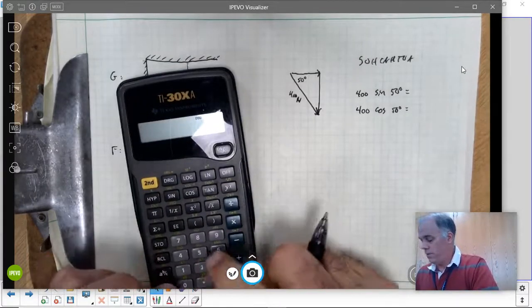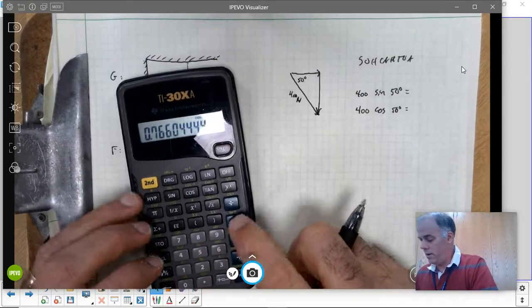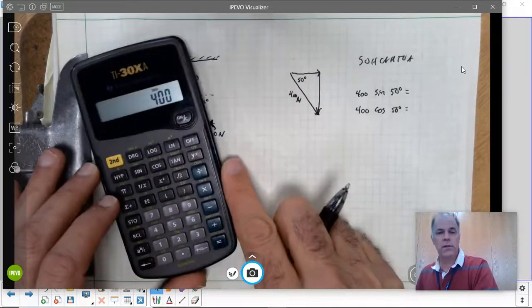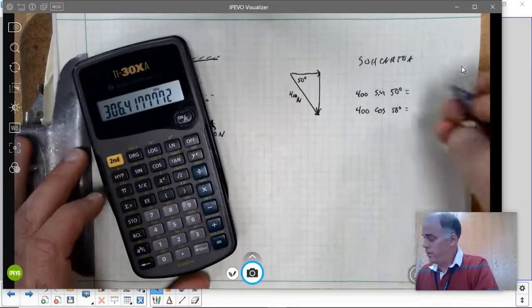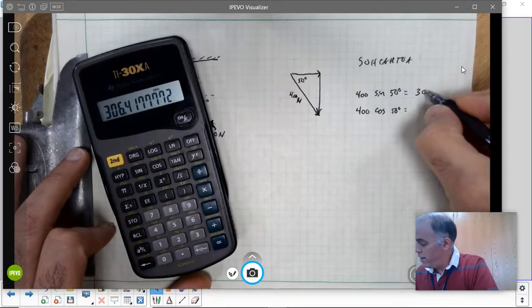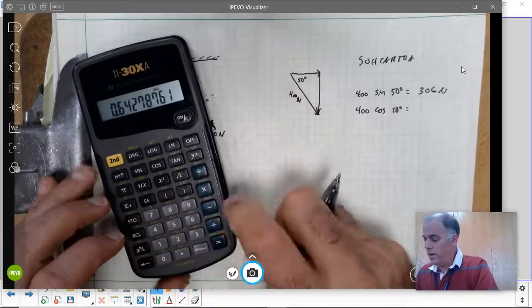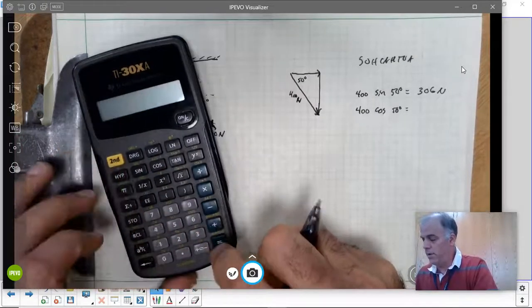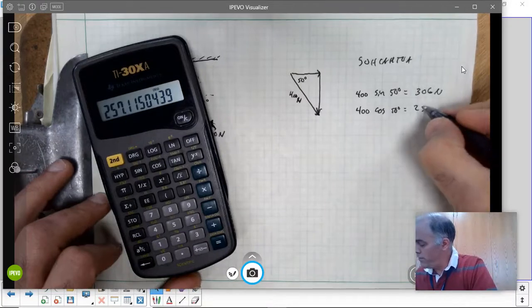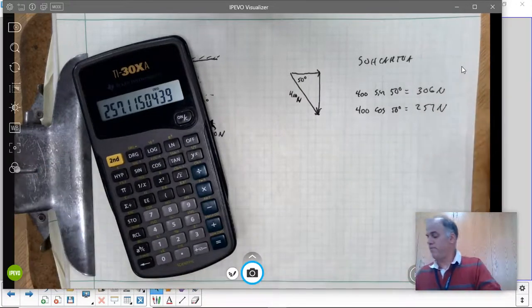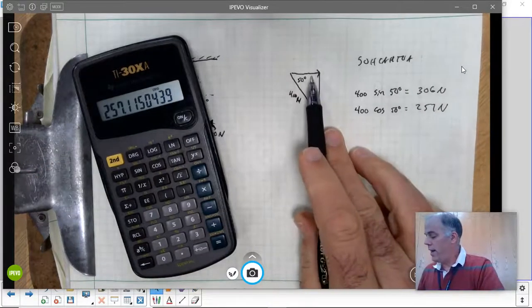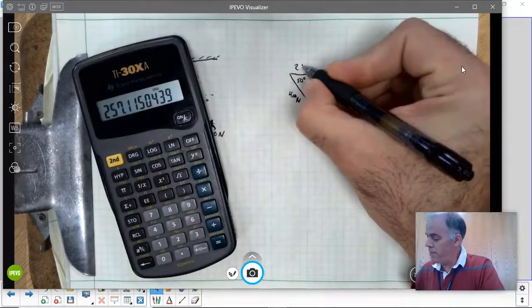All right, so 50 sine times 400, that's in the glare, that's better, equals 306 newtons. 50 cosine times 400 equals 257 newtons. Okay, so the short side is going to be the 257.